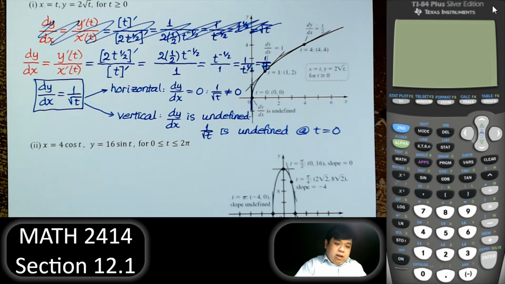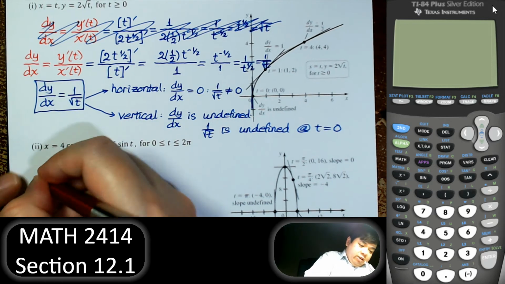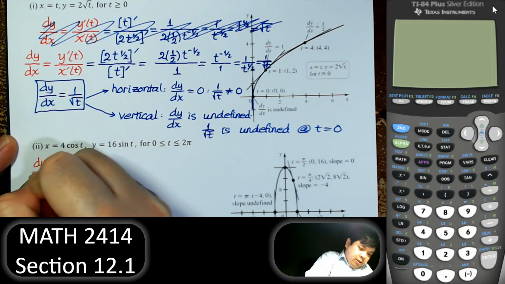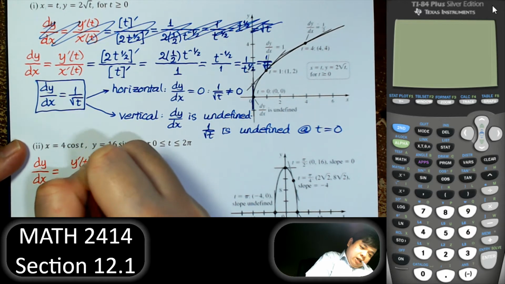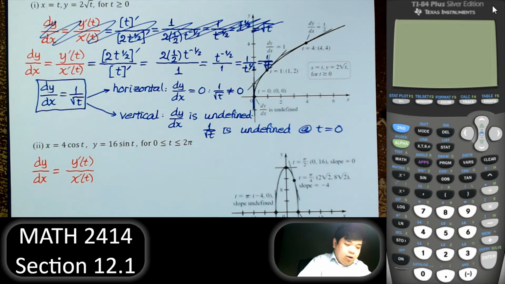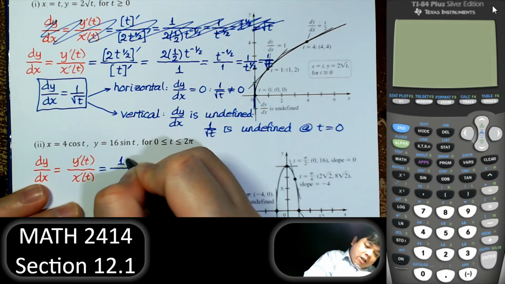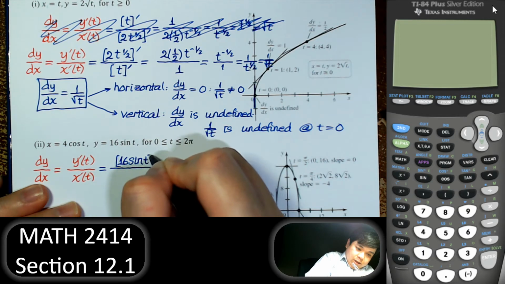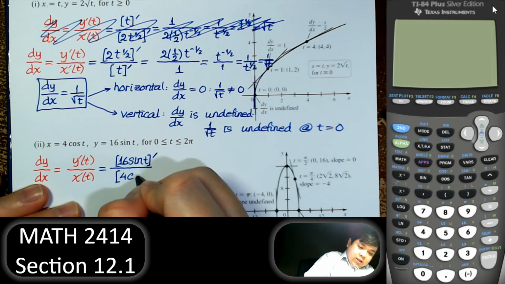Right. We do the same thing. We have an ellipse here, and we're trying to find the derivative: derivative of y with respect to t over derivative of x with respect to t. I think it's useful we just write out y is 16 sine t and 4 cosine t for x.